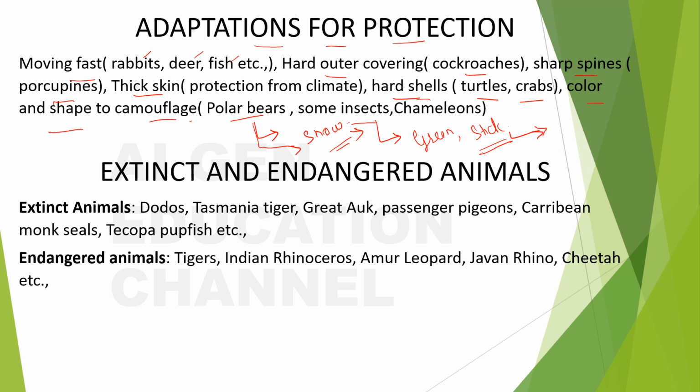If they are green in color, they can actually appear as leaves to the other insect-eating animals, and so they can easily escape, right? And if they are stick-like, the other animals may think that those are just stems or sticks of the tree, of the plant, and so these insects can escape from them.